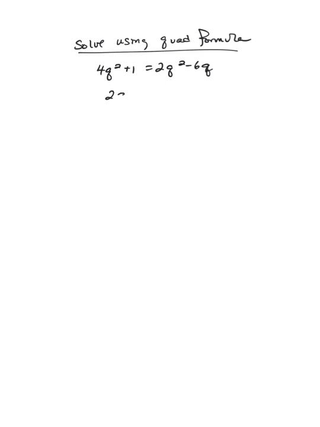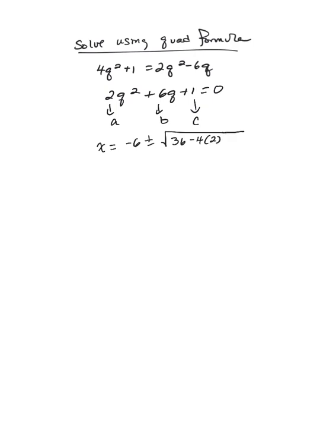So I get 2q squared plus 6q plus 1 is 0. So this is my value of A, this is B, this is C. So I substitute in, I have x equals negative b plus or minus the square root of b squared minus 4 times A times C, all over 2A.